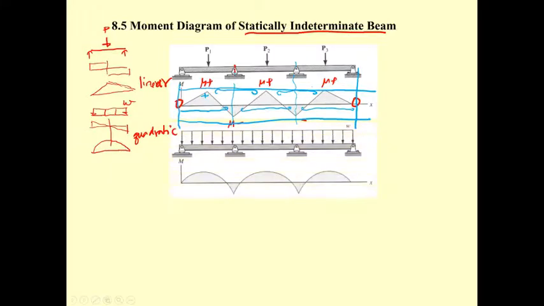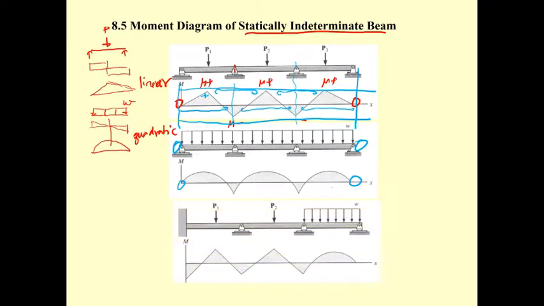And for the uniformly distributed load, the moment is going to be a curve. Since this one has no external moment, it's going to be zero. In combination, the portion that's subjected to the point load is going to be linear. The portion that's subjected to uniform load is going to be a curve.